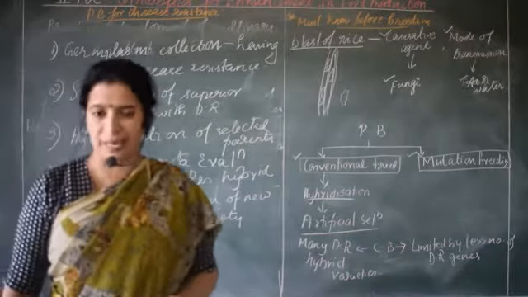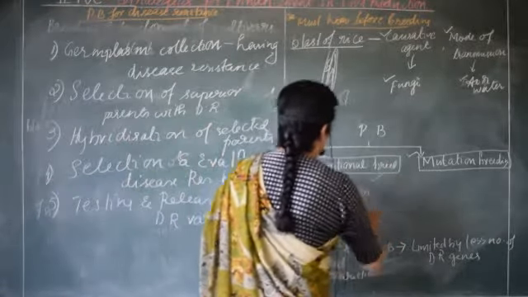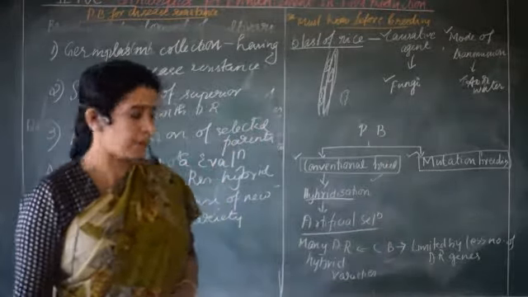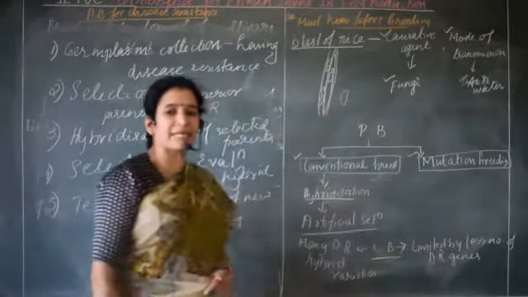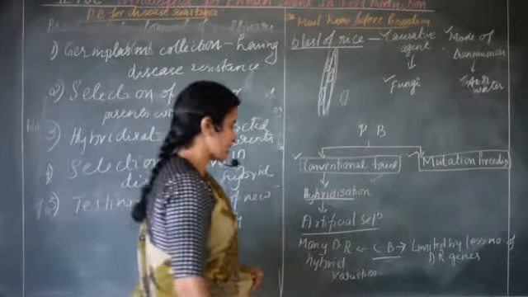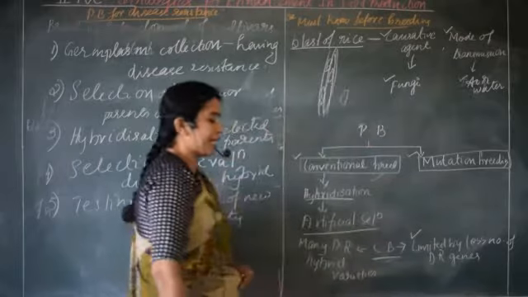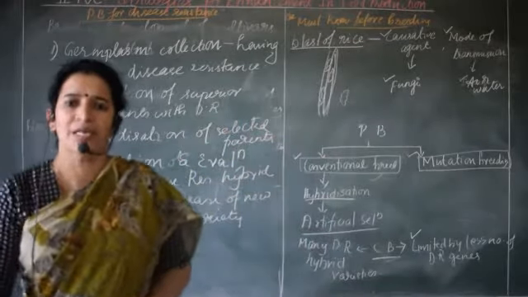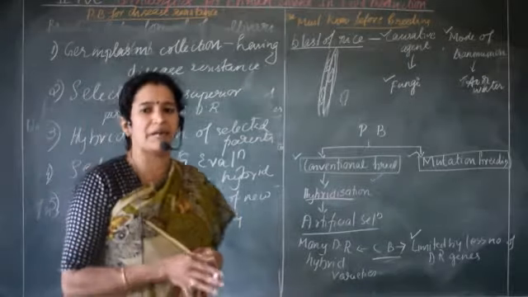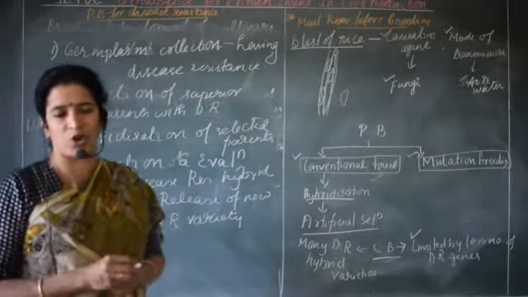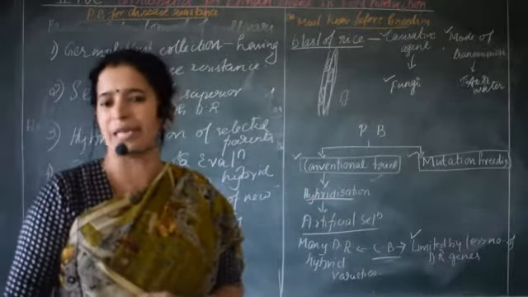So these are the steps involved in the conventional breeding program for developing disease resistance. And the conventional breeding program has limitations. The first limitation is the limited number of disease resistant genes. Usually it is difficult to find disease resistant genes. Wild varieties of crops usually have more disease resistance, but their yield will be less.